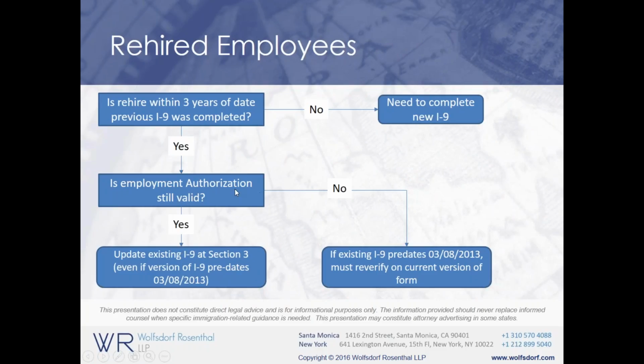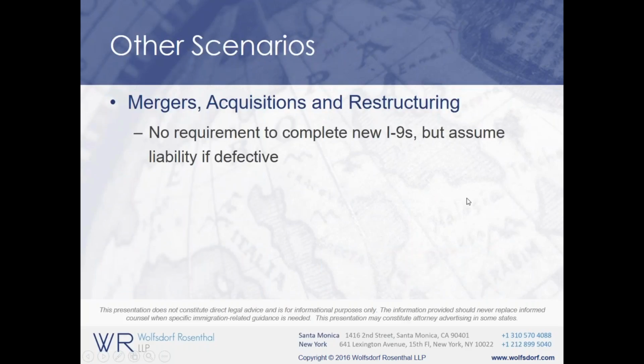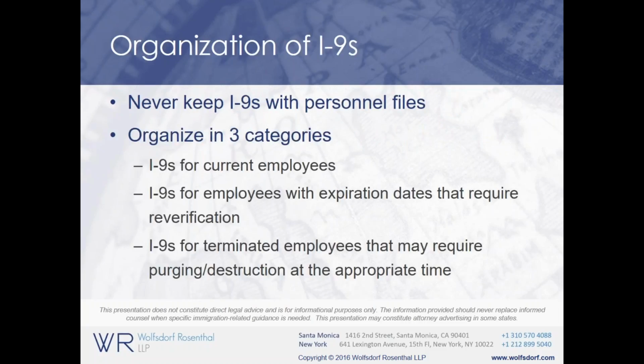If the employment authorization is no longer valid, you must re-verify on a current version of the form. If the rehire was not within 3 years of the date that the previous I-9 was completed, you need to complete a brand new I-9 form. In other scenarios, if there's a merger or acquisition, there's no requirement to complete new I-9s, but you do assume liability if the I-9s are defective.